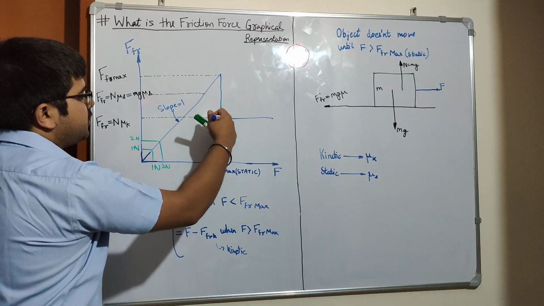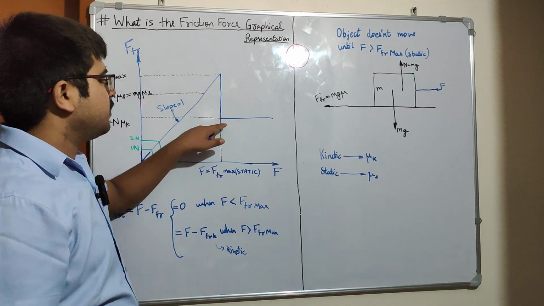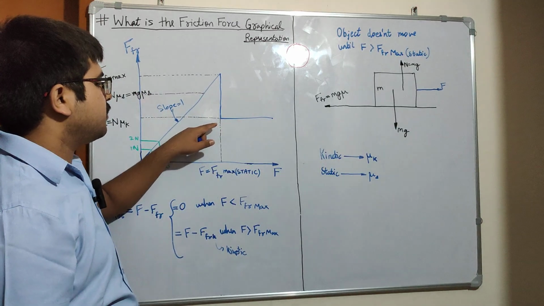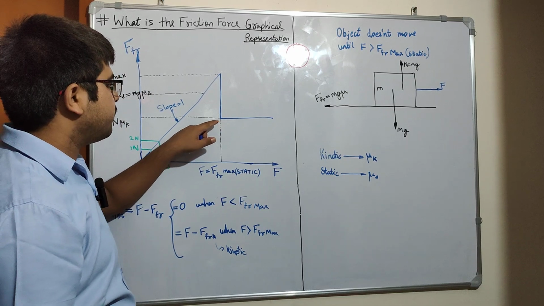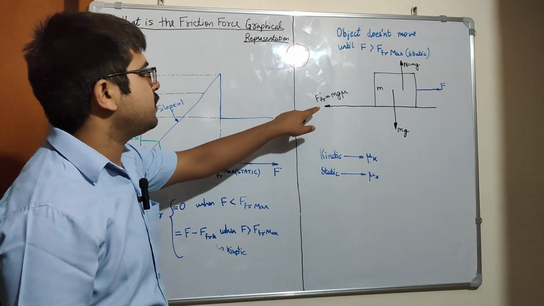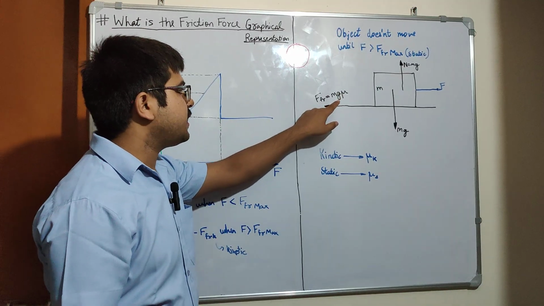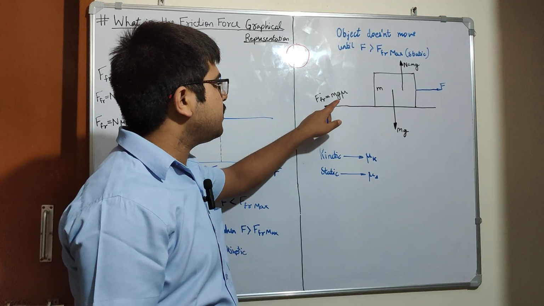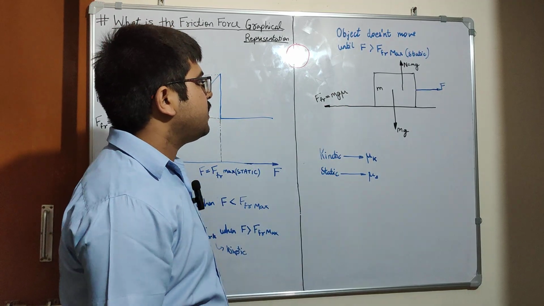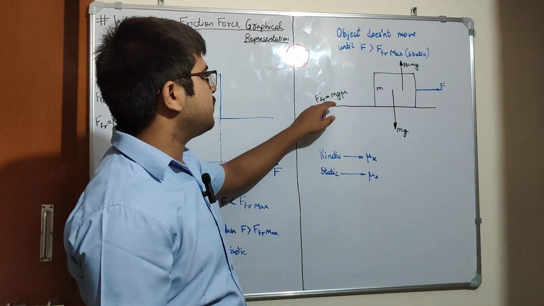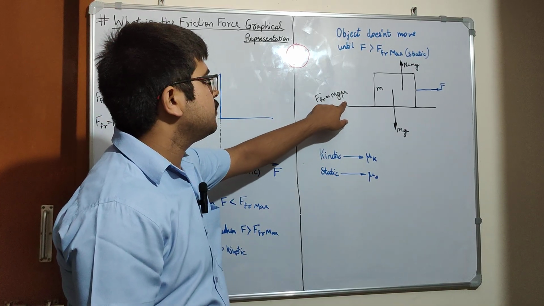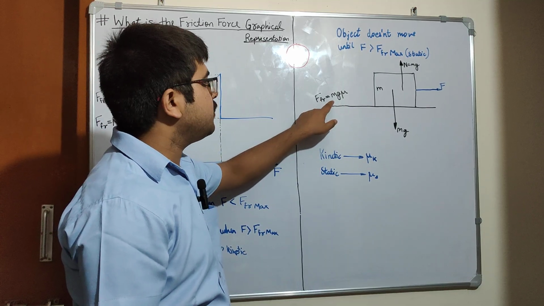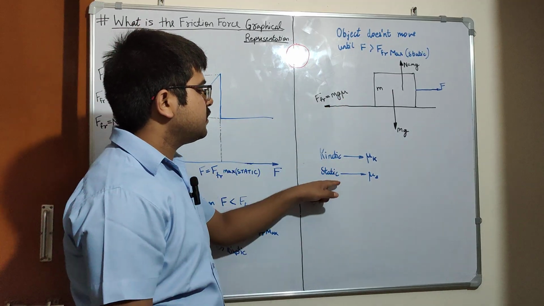After Fr max, the graph decreases and we get a force which is constant and equals mg nu. So in the static case, the friction force is mg nu s, and in the kinetic case, the friction force is mg nu k. Nu k in the kinetic case and nu s in the static case.